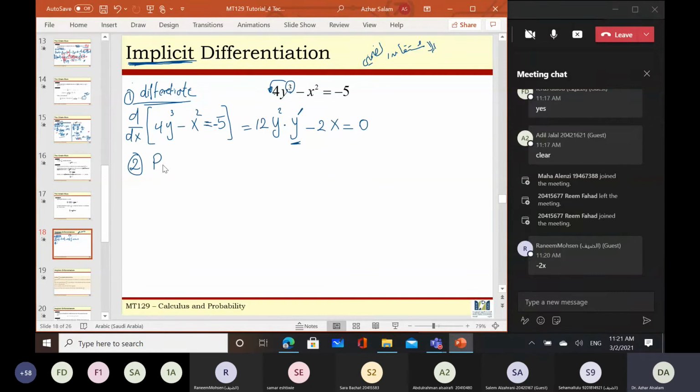Here, the second step is to put y dash without y, only y dash alone on one side.